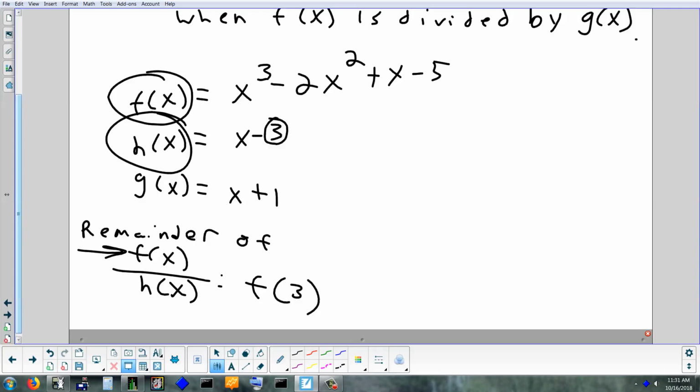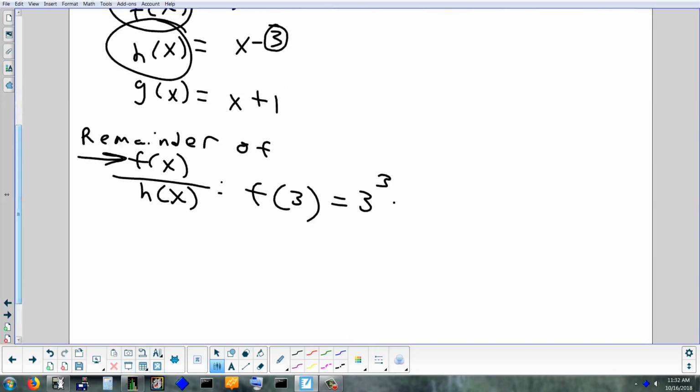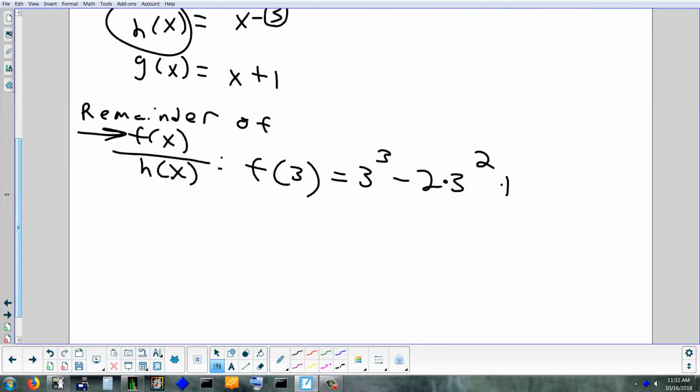And that's your remainder. So we're going to get 3 cubed minus 2 times 3 squared plus 3 minus 5. It's small enough, I think we can do it without a calculator. What's 3 to the third power? 27, minus 3 to the second power is 9 times 2, 18.